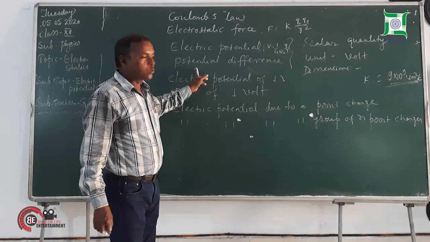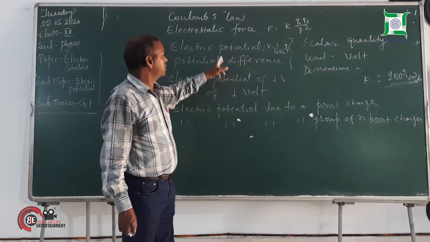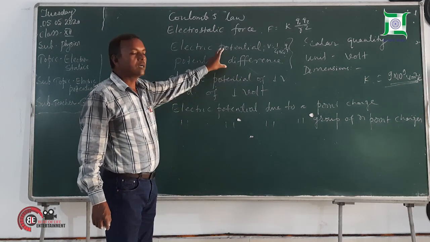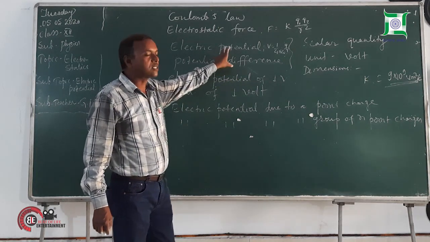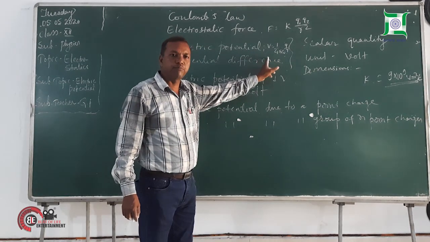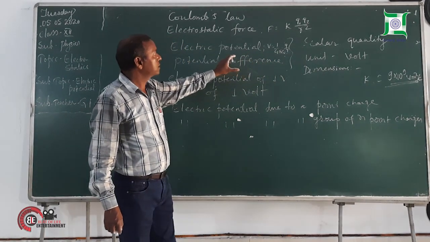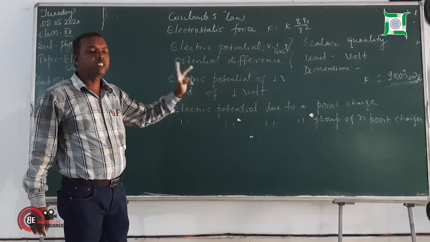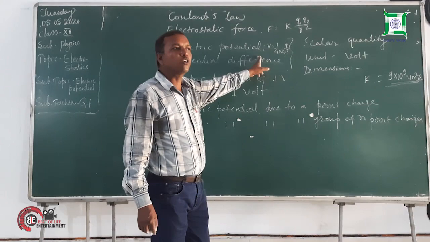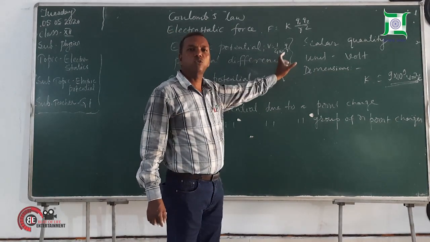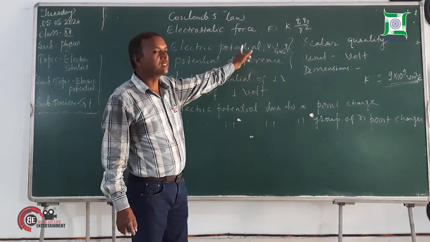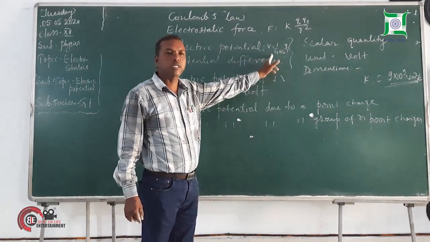We have also understood the difference between electric potential and potential difference. The two terms are very similar, both have the same units and dimensions, and the same mathematical formula. But the difference is that electric potential is the amount of work done in moving a unit positive charge from infinity to a point in an electric field against the electrostatic forces.